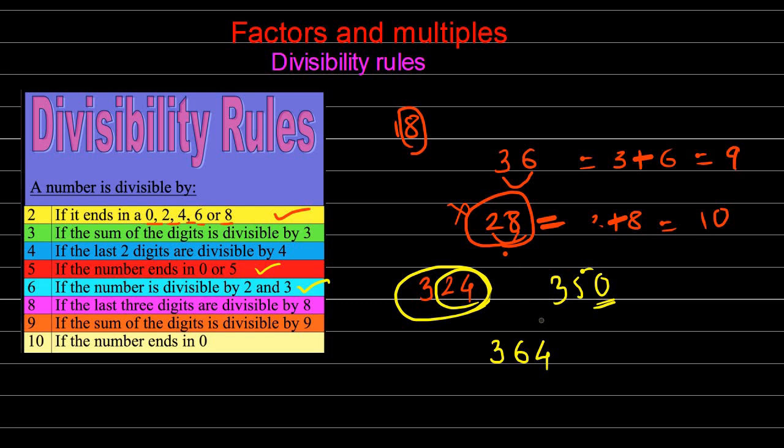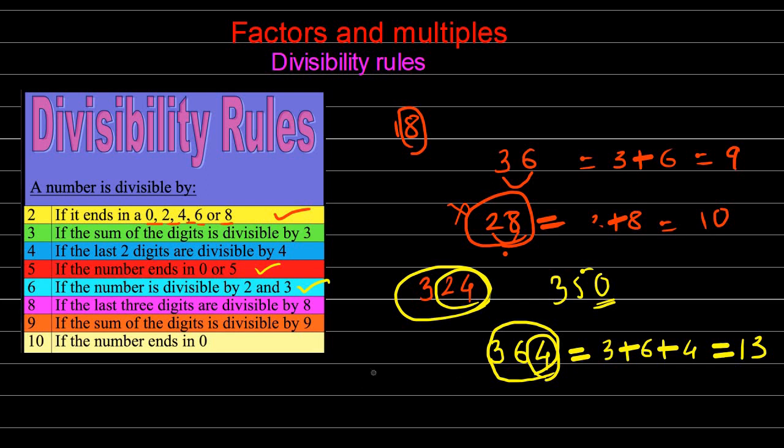Let's check if it is divisible by 2. Yes, the number is ending with 4, so it is divisible by 2. Let's check if it is divisible by 3. What was the divisibility rule of 3? Add all the digits. 3 plus 6 is 9, 9 plus 4 is 13. 13 is not divisible by 3, isn't it? So this number is divisible by 2 but not 3, and then it is not divisible by 6.